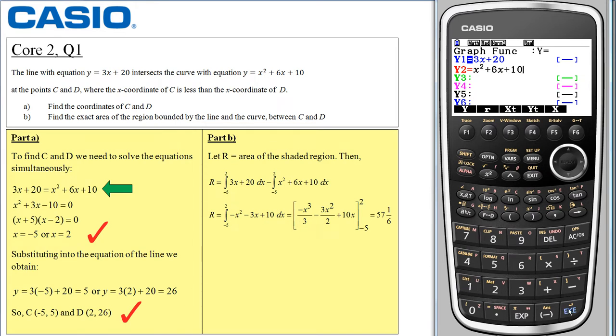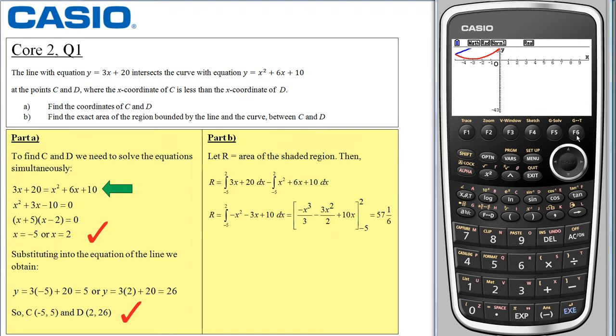And select execute. Okay, let's draw these, and I'll choose F6 to do that.